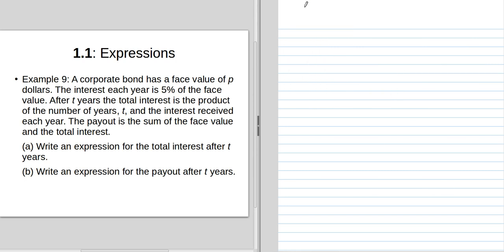A corporate bond. So in this example, we are going to be constructing an algebraic expression from a written English description. So these word problems, I like to say this to all my students, word problems are the hardest kinds of problems that we do in math, do in Algebra 2, because they involve taking a scenario in the real world, or as close to the real world as we can get, to create an example or a problem.